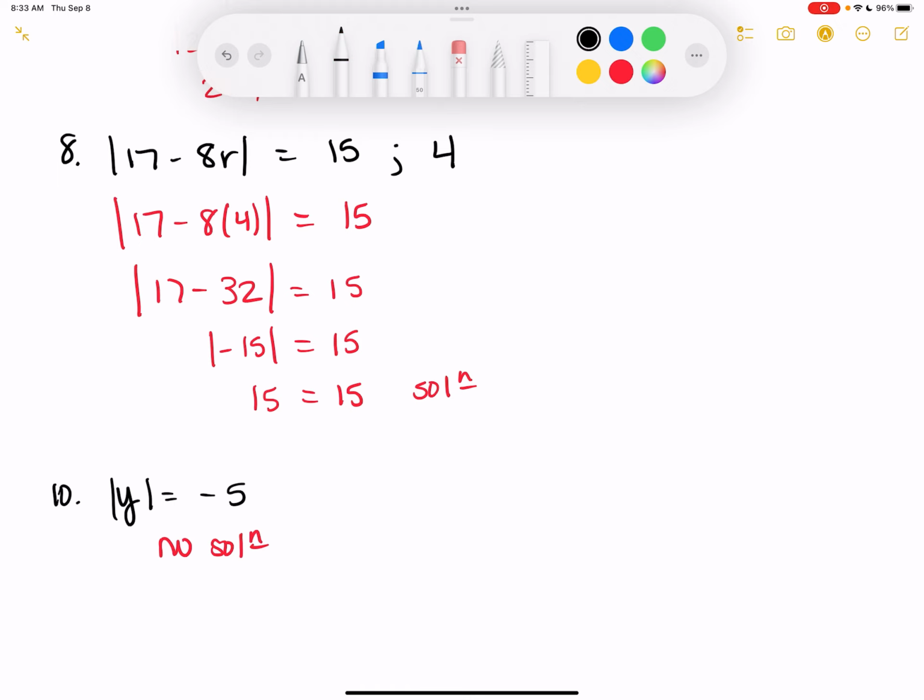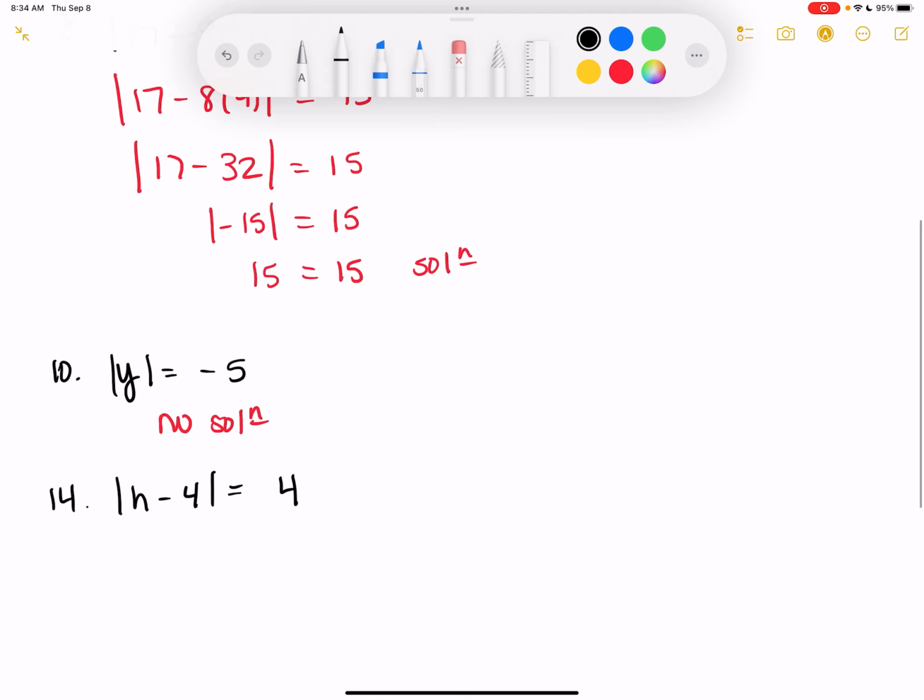Let's see, 14. The absolute value of h minus 4 equals 4. So when we take the absolute value of something, the value that's inside could either be positive or negative. And so we're going to set this up as 2 separate equations.